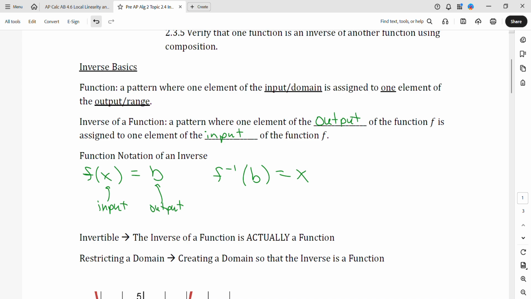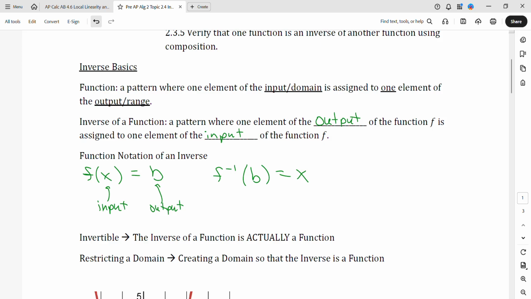And this is why we talked about inverse operations first. When we think about the square root and x squared, when I plug in 2 into x squared, I get 4. But then when I do the inverse operation of x squared, it's the square root.